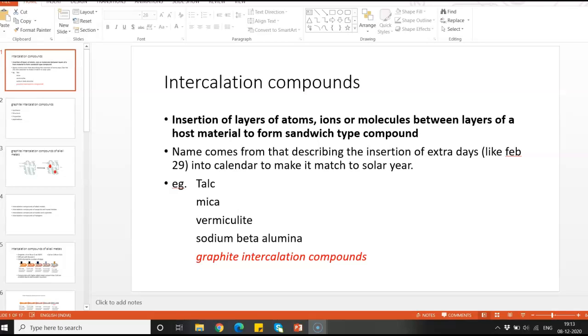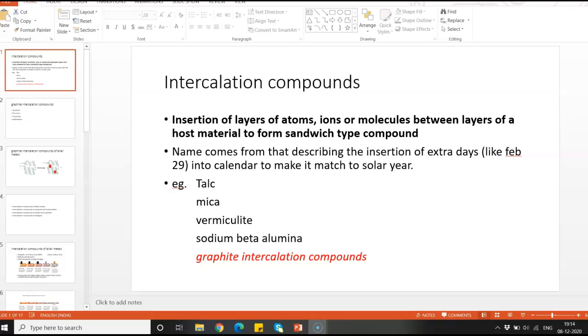So the word intercalation came from that concept. Intercalation of layers of atoms, ions or molecules between layers of a host material to form a sandwich type of compound is termed intercalation.